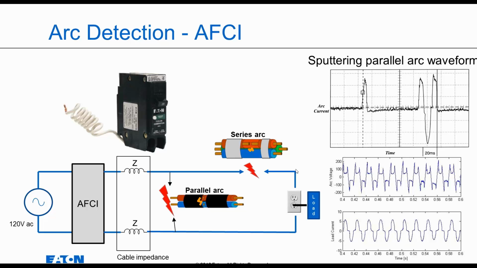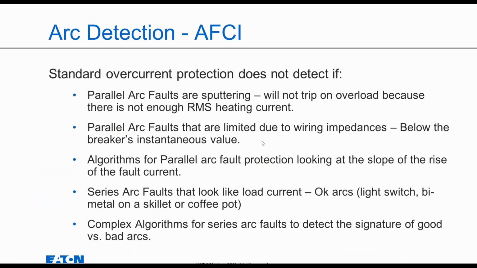So there are very sophisticated algorithms that are used to detect whether this is a bad series arc or a naturally occurring thing that happens. I think this slide just repeats all that information I just told you. So there are okay arcs, and there are arcs you need to detect and trip on. And that is really the technology that's inside that AFCI breaker.